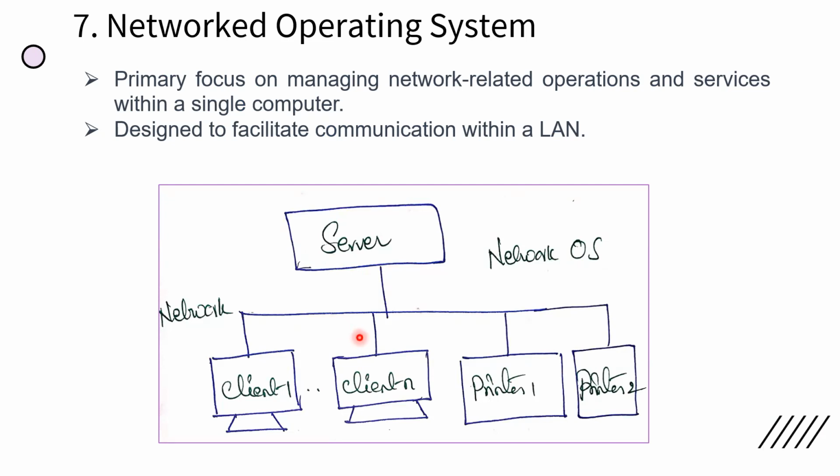Here the machines can share the resources. That is one application of a network operating system. Another application is that you can maintain the network connections and network related operations of all the computers connected in the LAN using a single computer, the server. The network operating system is designed to facilitate communication within a local area network.